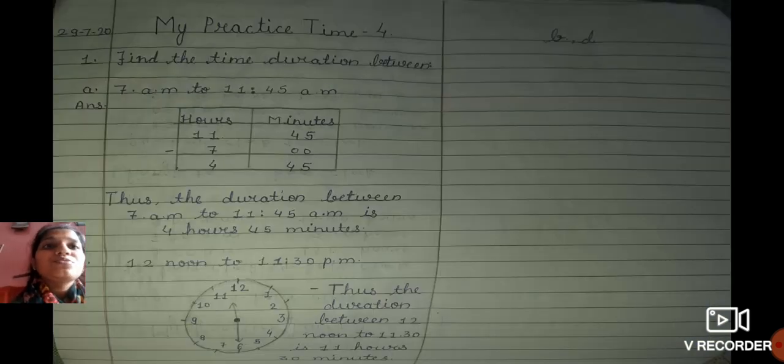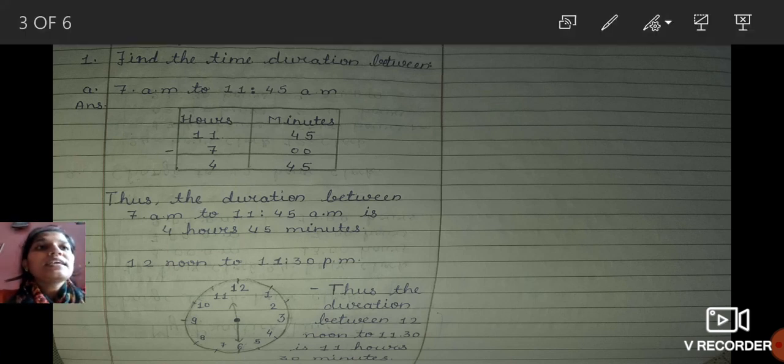Now we are going to do this one. So first example is 7 a.m. to 11:45 a.m. Now here we can see that 11 hours and 45 minutes we have and 7 hours we have. So we are going to subtract 7 hours from 11 hours and 45 minutes so that we can get the time duration between these two times.